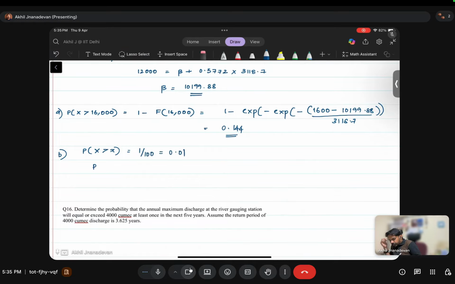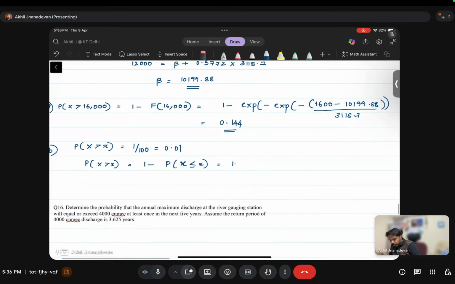So P of X greater than or equal to small x is equal to 1 minus P of X less than or equal to x. That is the cumulative distribution, nothing but 1 minus F of x.